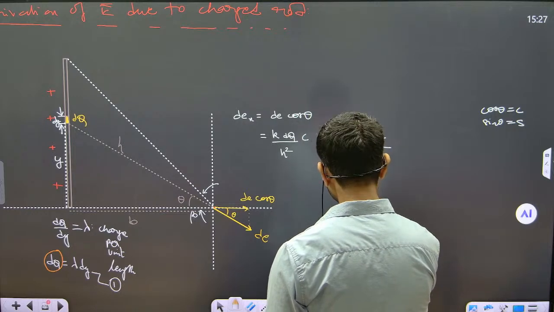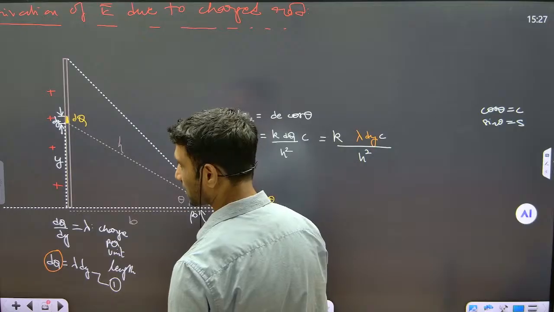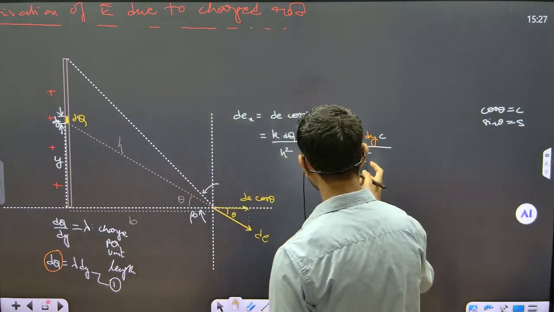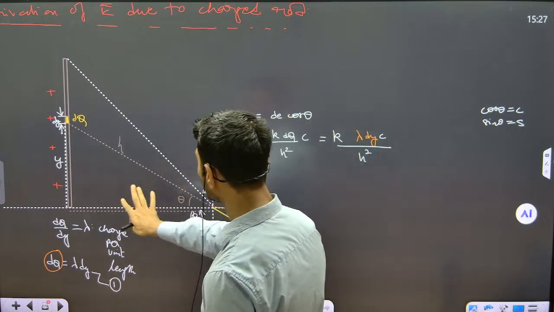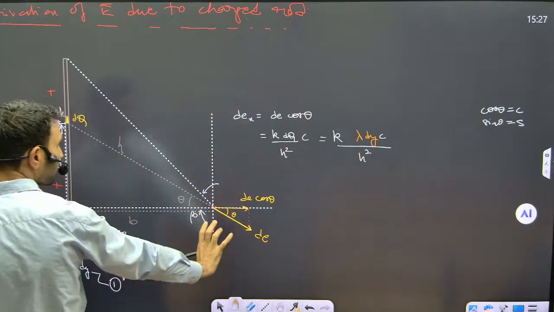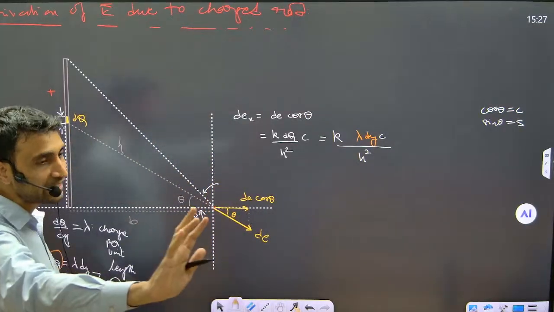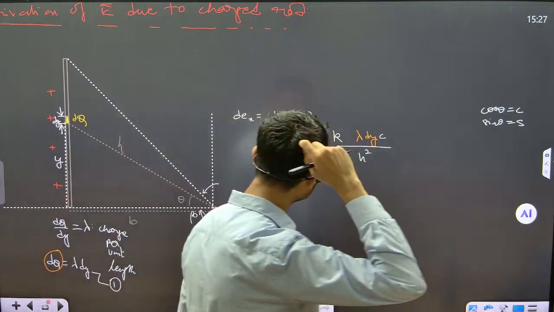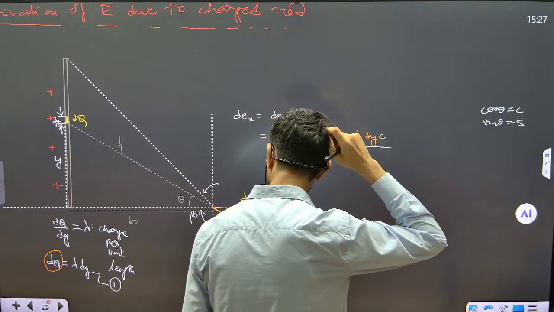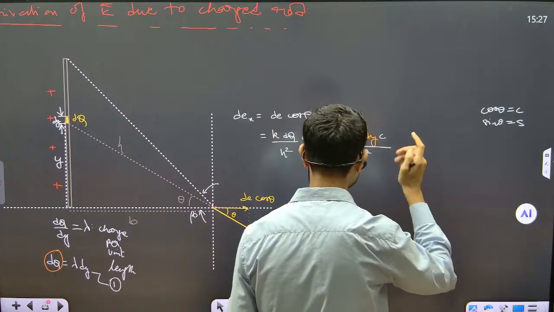Now I want everything in cos theta, sin theta, all that stuff, right? So how do I get that? I can write h in terms of b. I don't want linear parameters; I want to do the integration in terms of angular parameters.